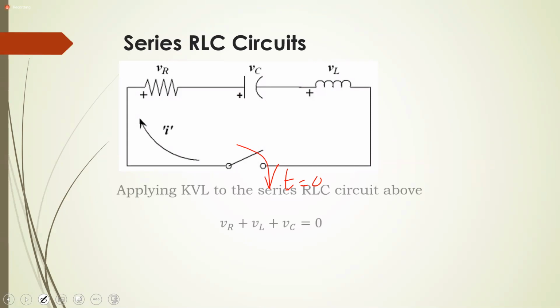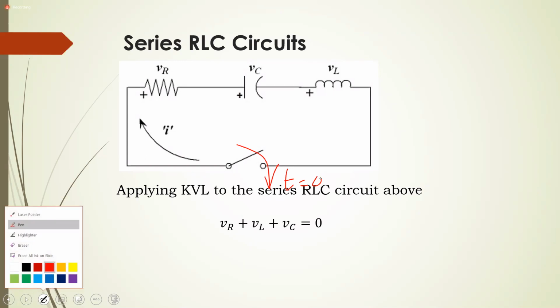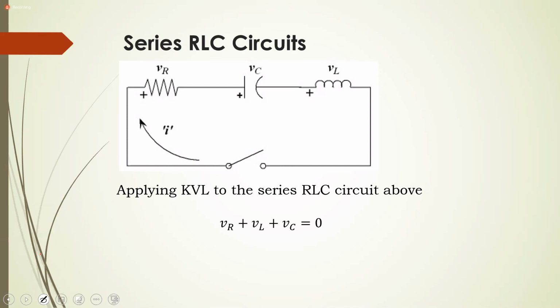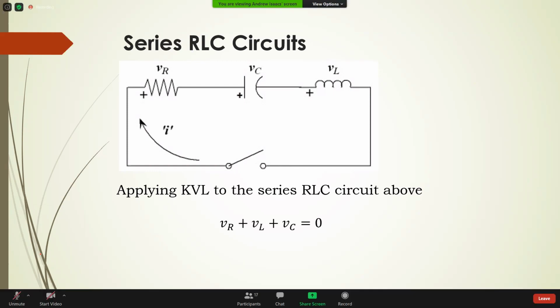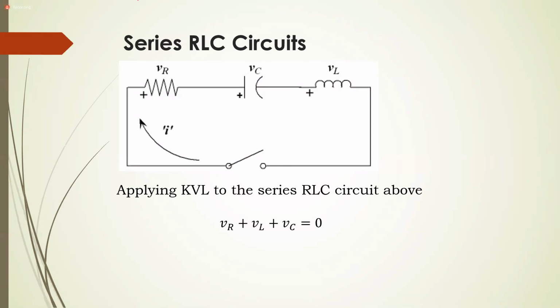First we want to look at applying Kirchhoff's voltage law. If we apply the voltage law, then we know that the sum of the voltages around the circuit is equal to 0. But of course, I can write these voltages in terms of the current.